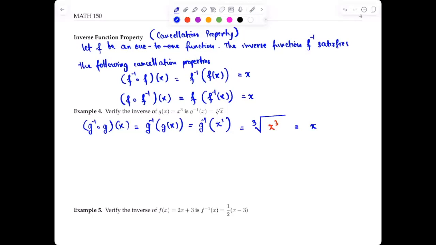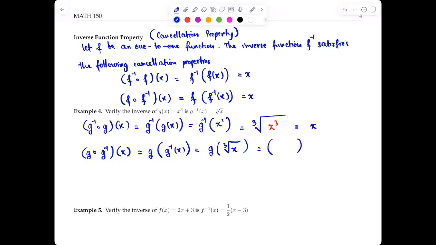Now the second cancellation property: g composed with g inverse of x, or g of g inverse of x, or g of the cube root of x. So g of x is x cubed.